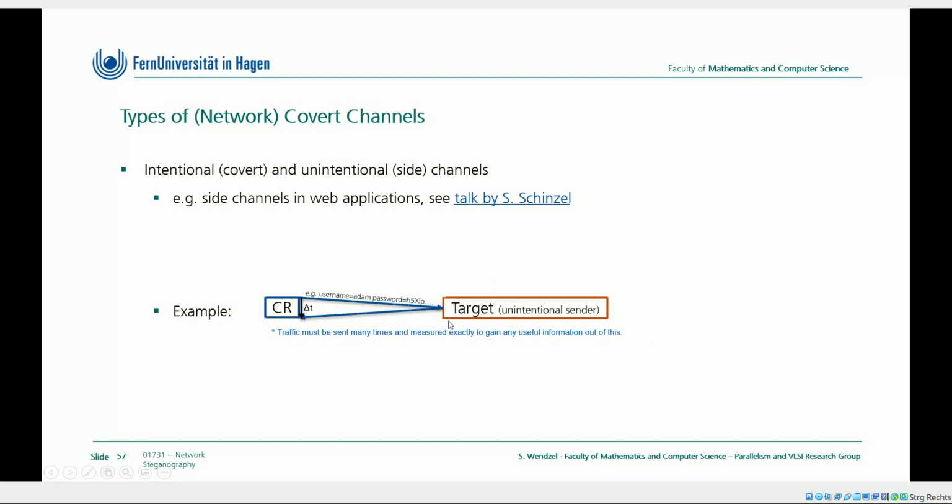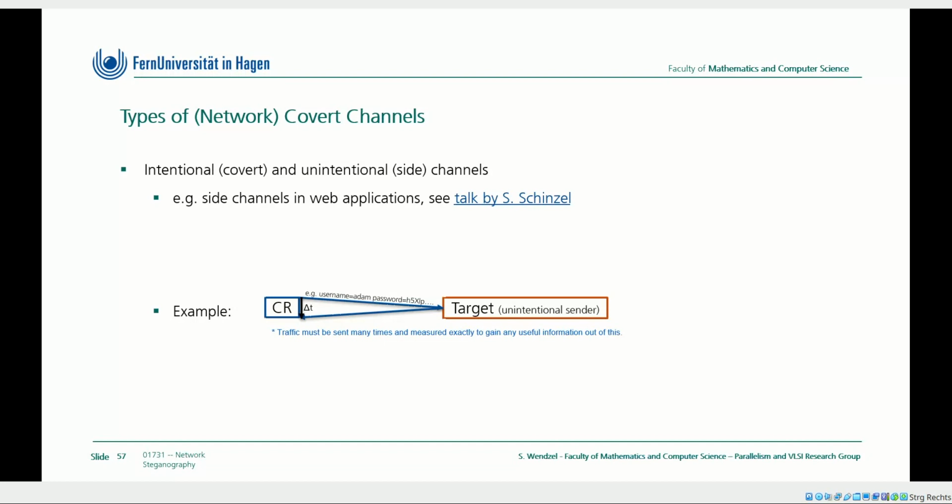Let's assume this target is a web service where you have to log in. You send your username and your password. Now, the covert receiver would send many username and password combinations to brute force the target, because it wants to try figuring out whether some combination of username and password exists.